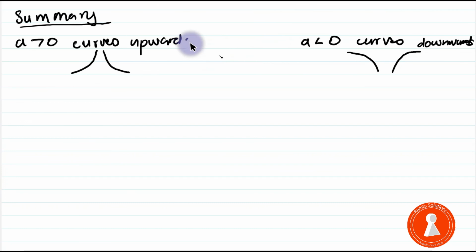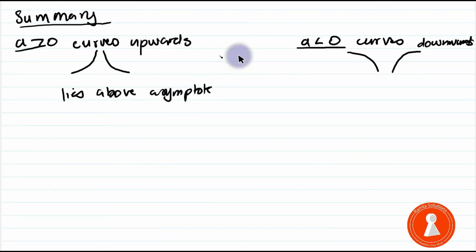So now another thing that you must notice when A is positive is that it lies above the asymptote. And then this one lies below the asymptote.